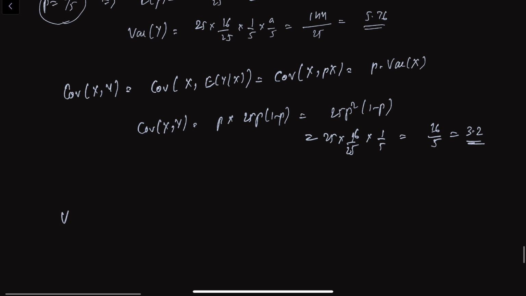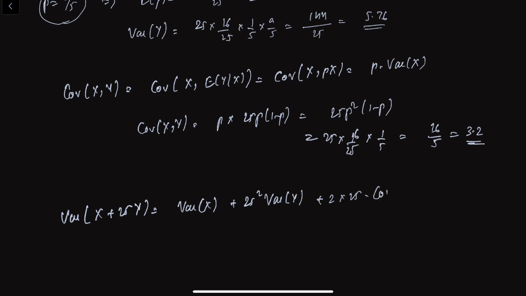So now we need to find the variance of X plus 25Y, by using the variance of a linear combination formula, which works for any two random variables. That is the variance of X, plus 25 square into the variance of Y, plus 2 into 25 into the covariance of X comma Y. So the variance of X is 4, 25 square into the variance of Y, we got as 144 by 25, plus 2 into 25 into the covariance, we got as 16 by 5.